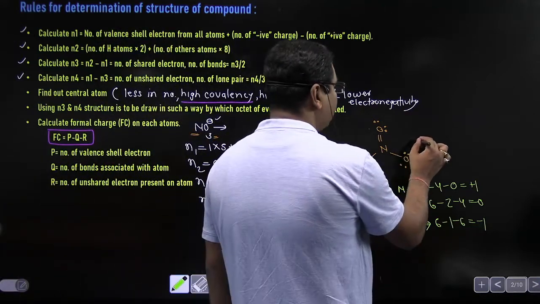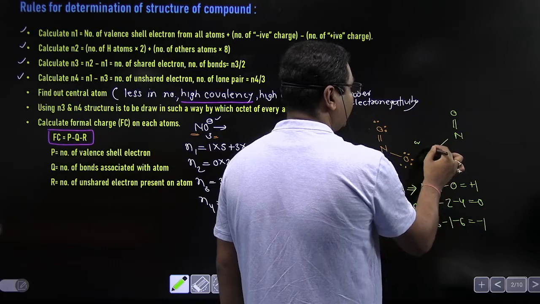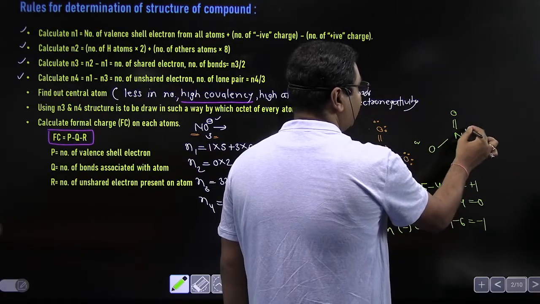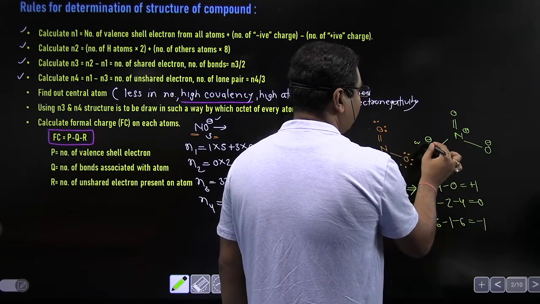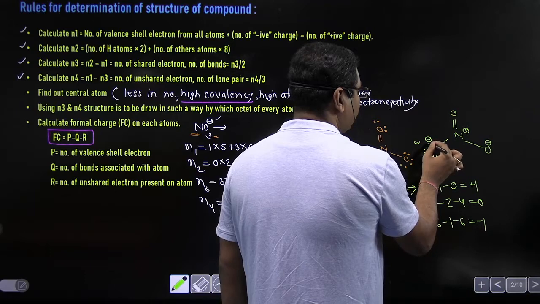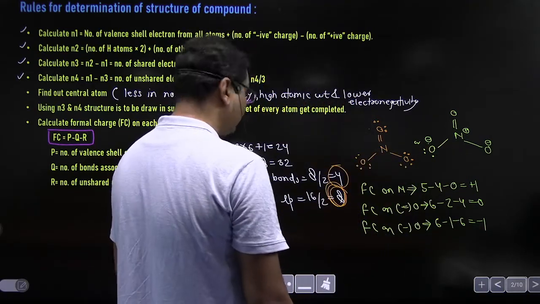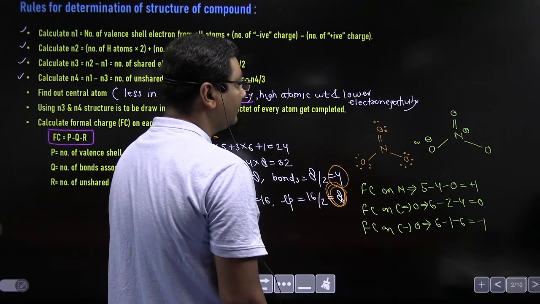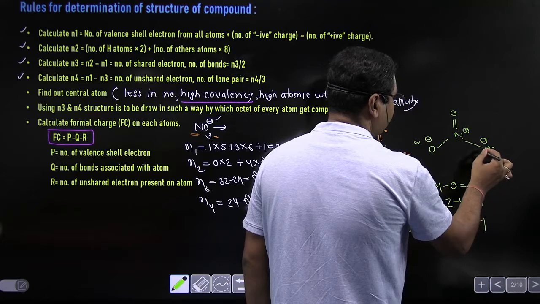Now I can draw the structure of NO3 minus like this. This is N double bond O, this is O, this is O. This N contains formal charge plus, this contains minus, this contains minus, and each oxygen contains 6 electrons.